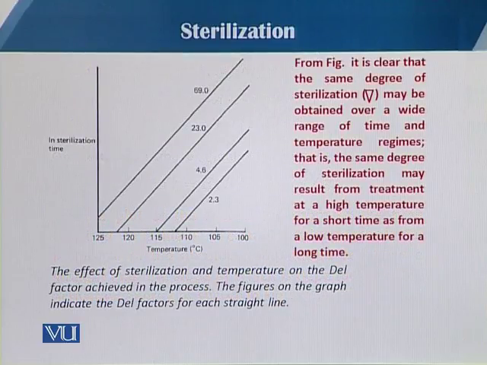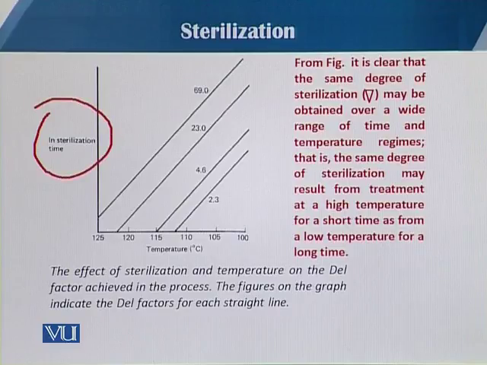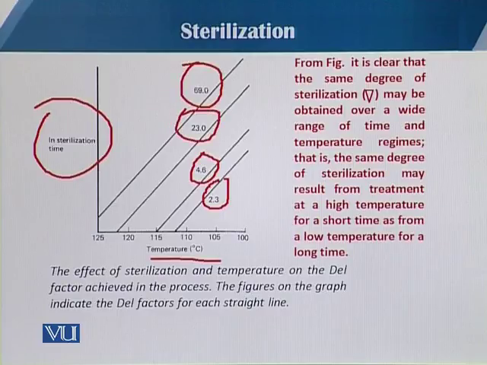When we draw the graph between the natural log of time and the reciprocal of the absolute temperature, we can see from this figure the degree of sterilization, which we call the Del factor, obtained over a wide range of times. With different time patterns, we have 2.3, 4.6, 23 and 69.6.